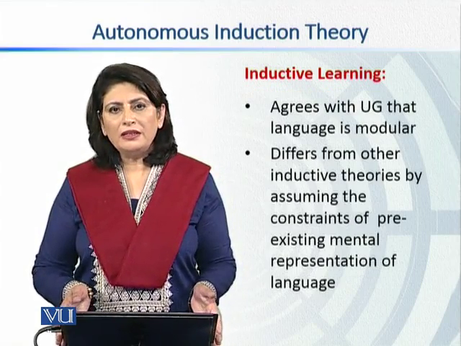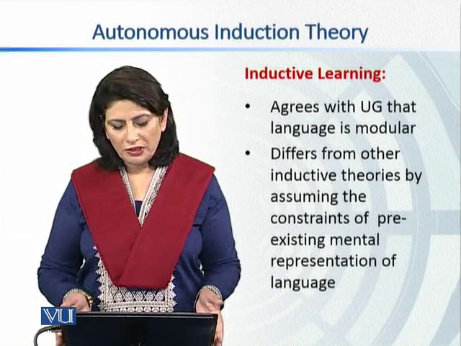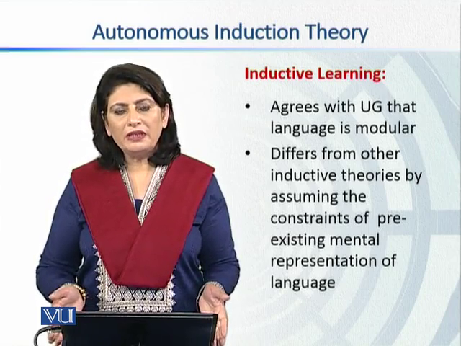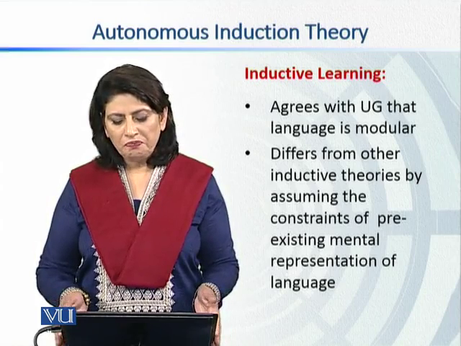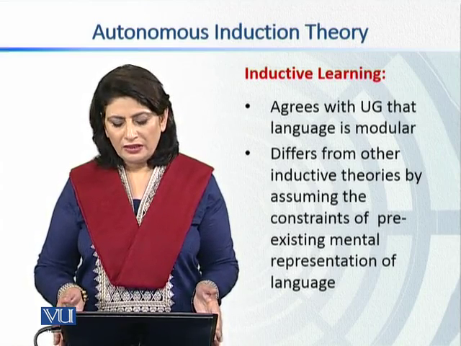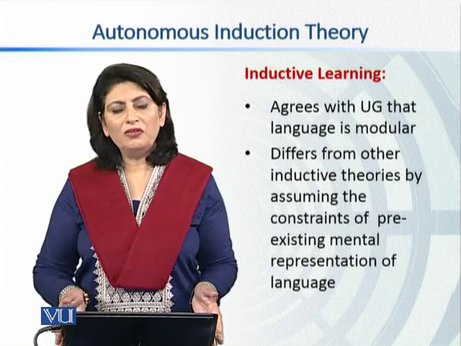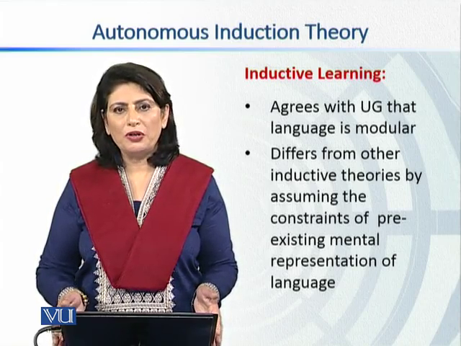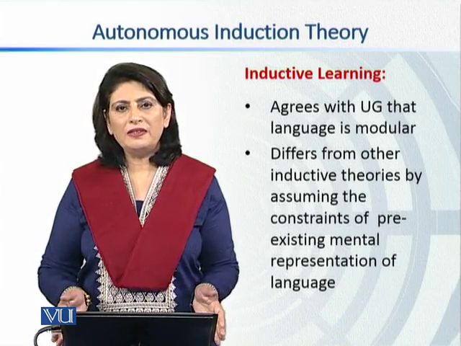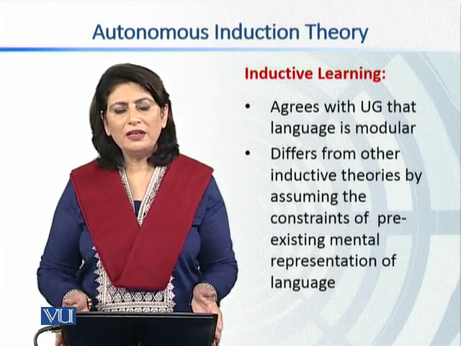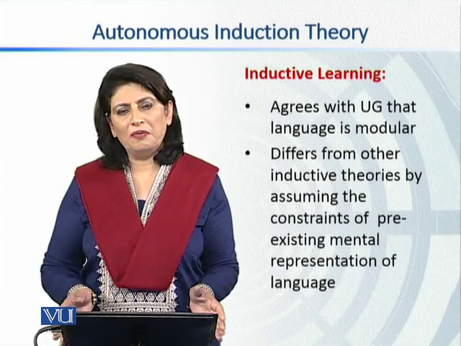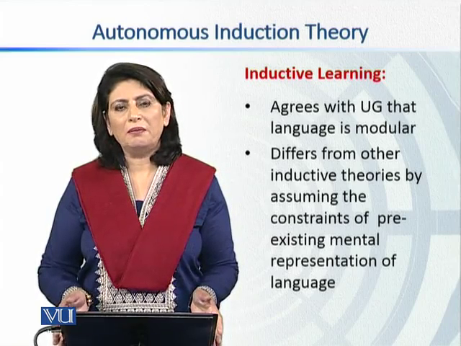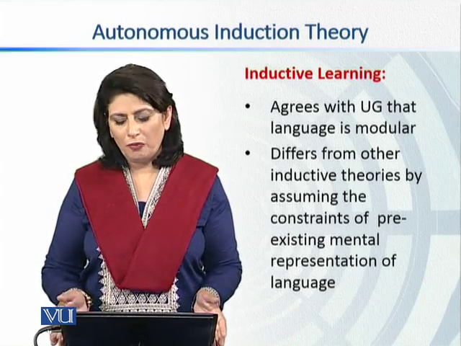So in this inductive learning model, or autonomous induction model, Carroll argues that universal grammar is correct in highlighting that language is modular, that is, it has different parts or components, and it is represented in the mind in the form of modules.